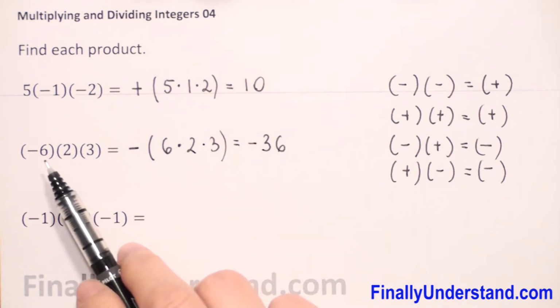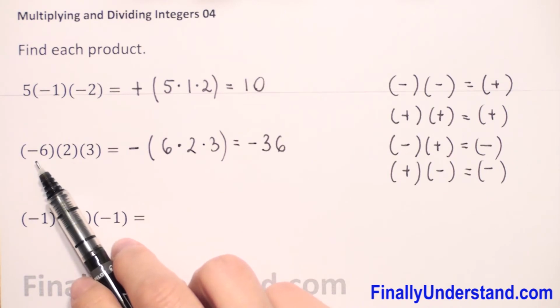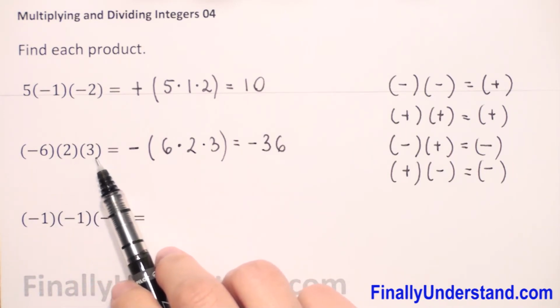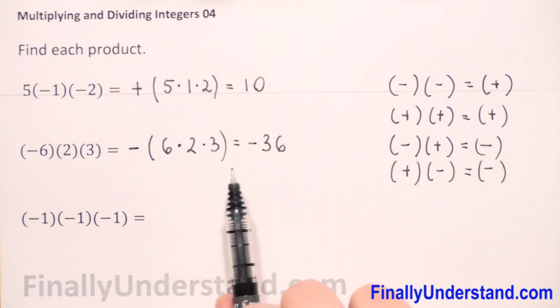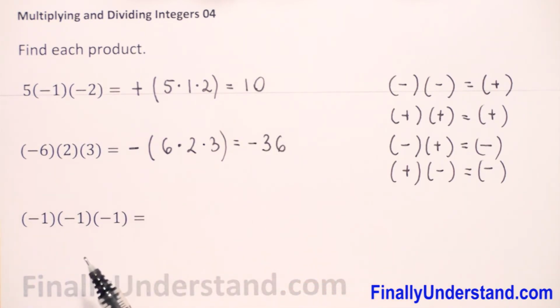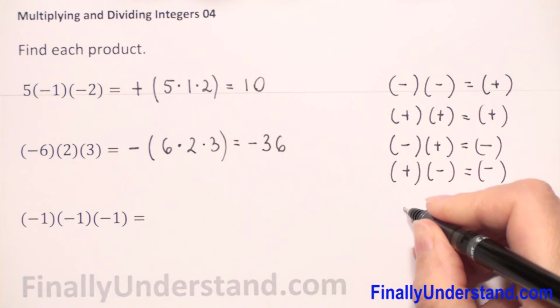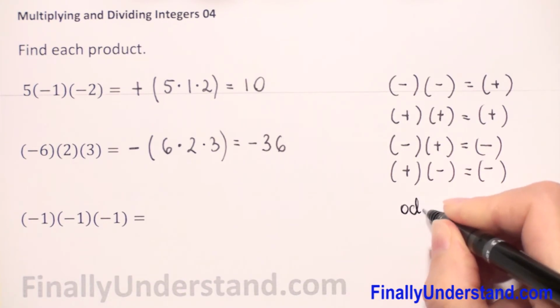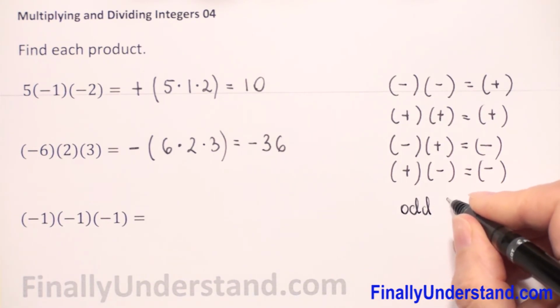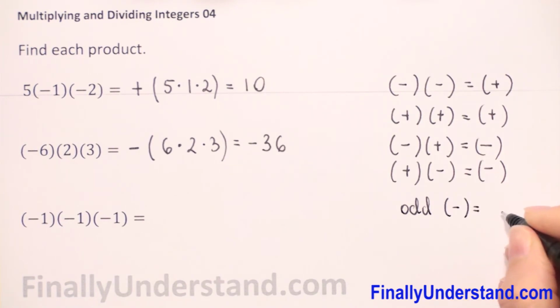When we have one number negative, it doesn't matter how many you have positive, the answer will be negative. When we have three numbers negative, the answer also will be negative. When we have 5 numbers negative, the answer also will be negative. So you can write that when we have an odd number of negative signs, the answer will always be negative.